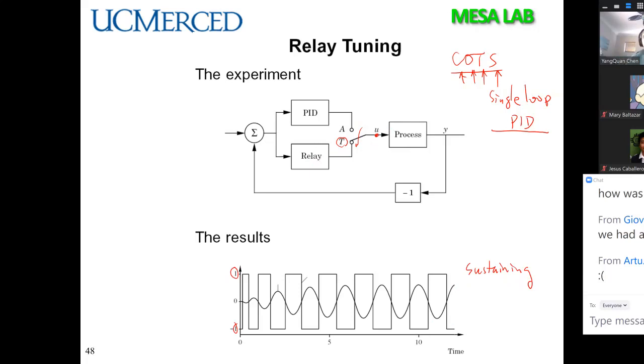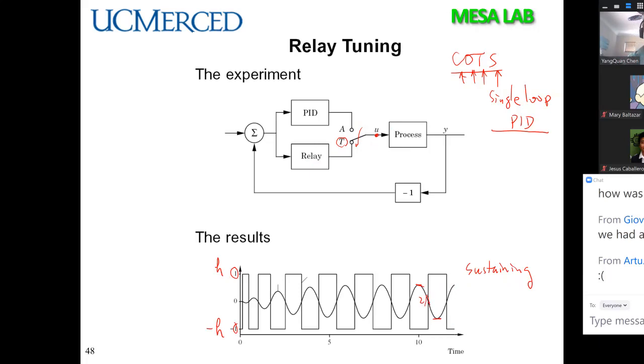But in some processes, you may feel this 1 is too small, maybe you need another H. So this is -H. So you can tune that. That doesn't matter. Then what you do is you also check the peak to peak here. This is called 2A, right?